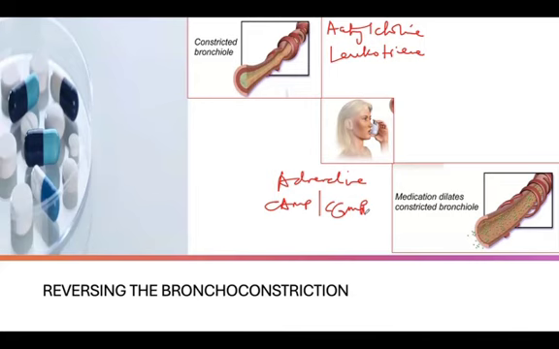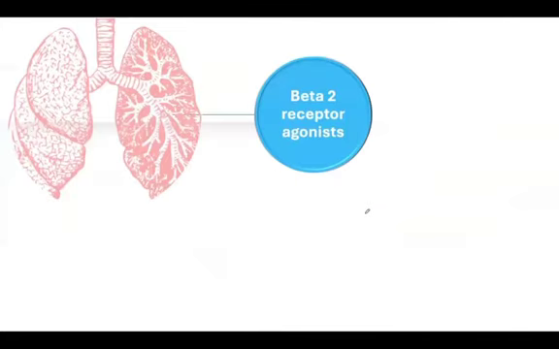Now let's take a step further and look at the details. Let's pick the first scenario. The bronchioles are constricted, but I want to get them to become dilated. Let's assume that in the airways, we have certain receptors. So here we have beta-2 receptors that adrenaline can bind to.